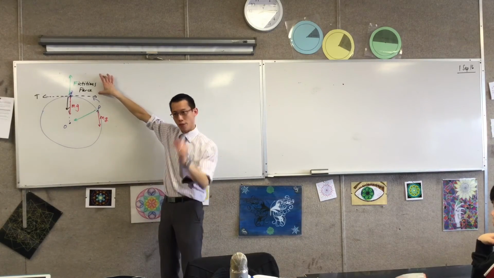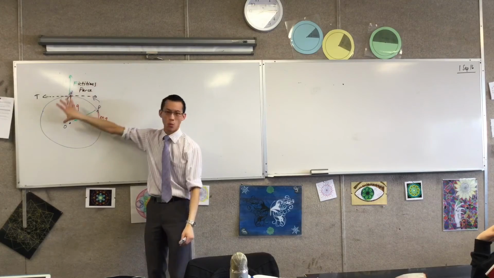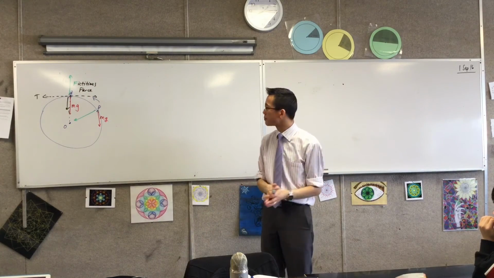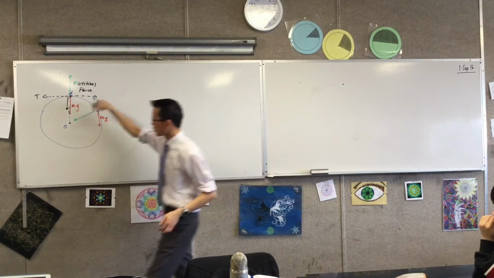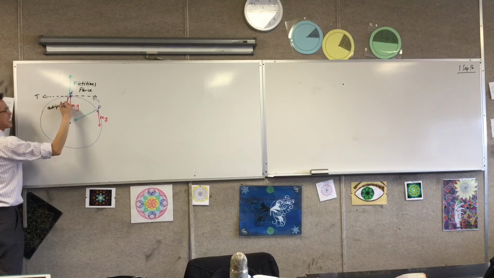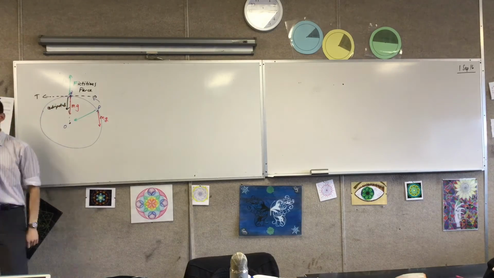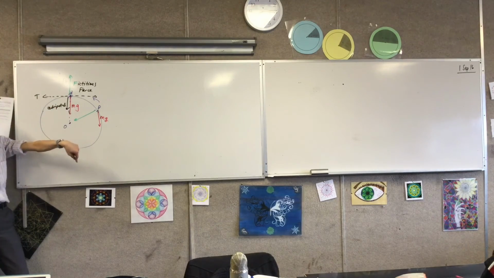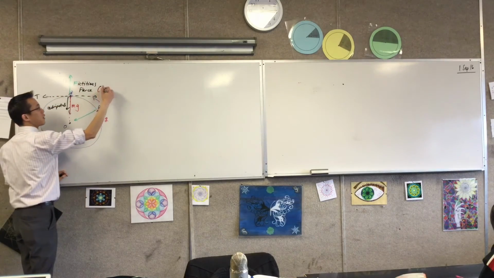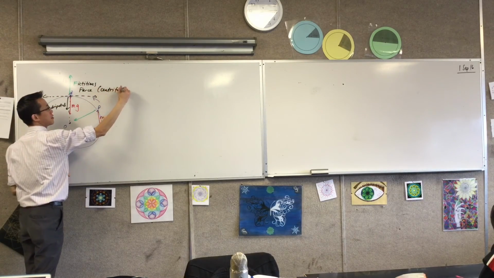This fictitious force, if it exactly balances with the weight force, then they cancel out, and therefore there's a net force of 0. Okay? Now, the force toward the center is called the centripetal force, I think. This centripetal force is going towards the center. It's the real force. But this fictitious force up here, what's felt, is called the centrifugal force.